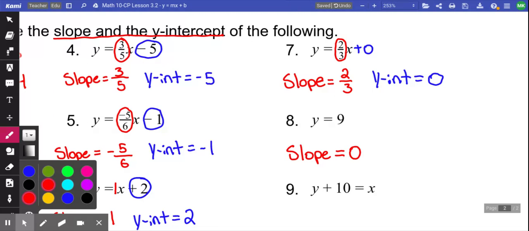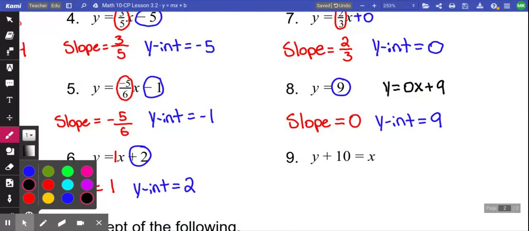It doesn't exist. The y-intercept in this case is my plus 9. Essentially, this equation is the same thing as saying this. 0 x's plus 9. We just would never write that you have 0 x's. You just wouldn't put them, right?